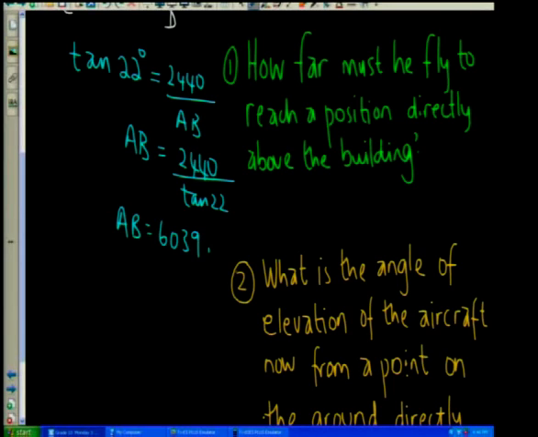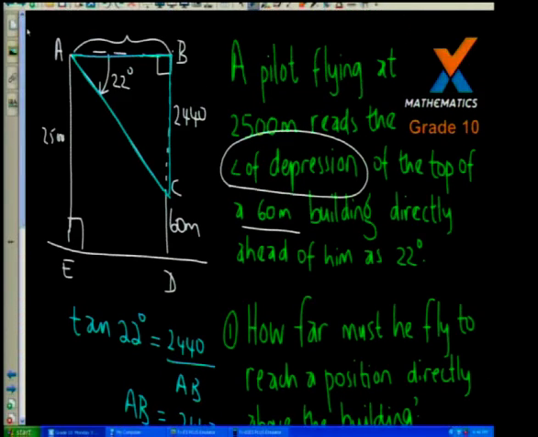Okay. So we're saying that if the pilot flies 6,039 meters, he will now be at a position which is directly above that building of 60 meters.